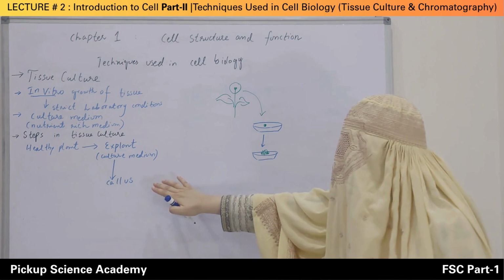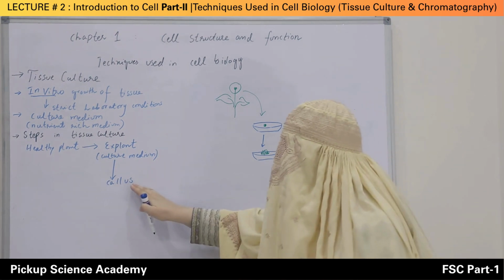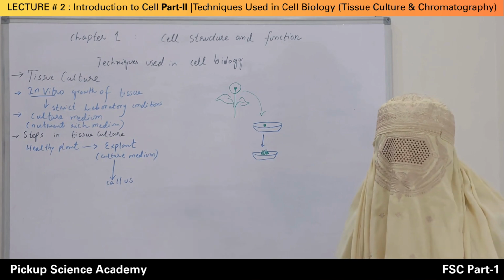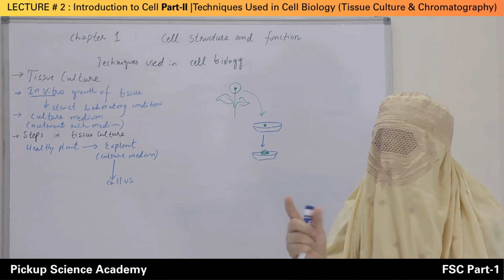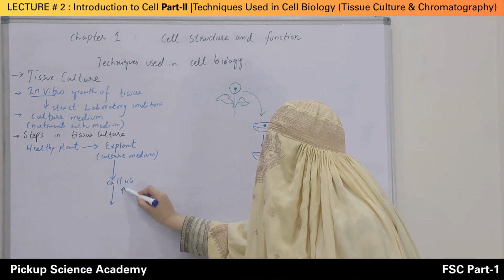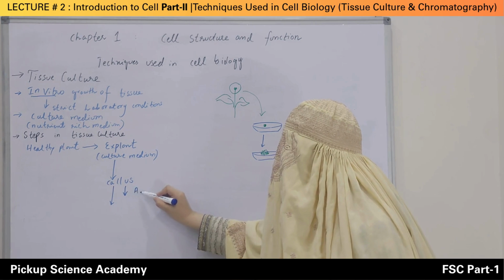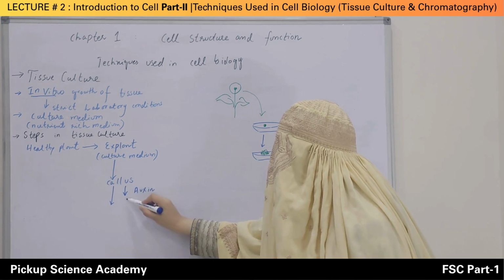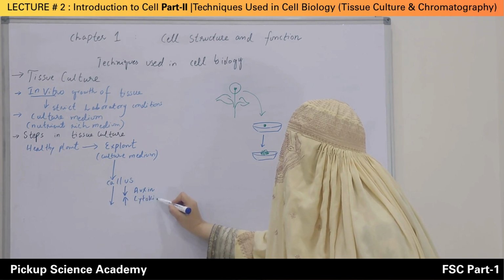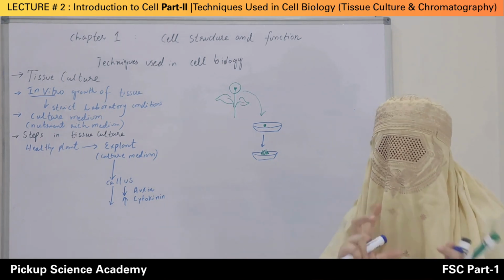Okay. Now what will we do at this time? In this step, we will slightly change the concentration of nutrients in the culture medium plate. What we'll do at this step is that we will keep the auxin concentration low and we will keep the cytokinin concentration a little higher than auxin.